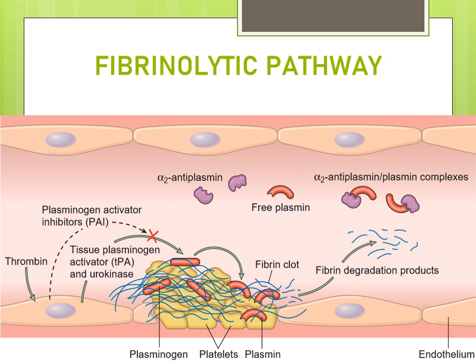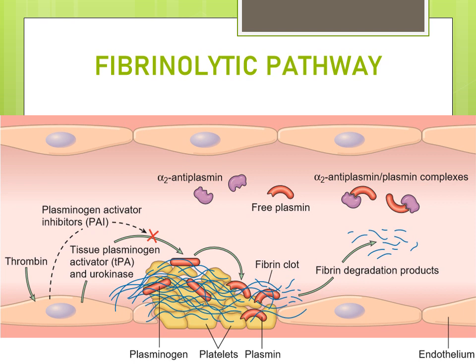In contrast, plasmin further stimulates plasmin generation by producing more active forms of tissue plasminogen activator and urokinase. Now plasminogen has become activated into plasmin, or free plasmin.